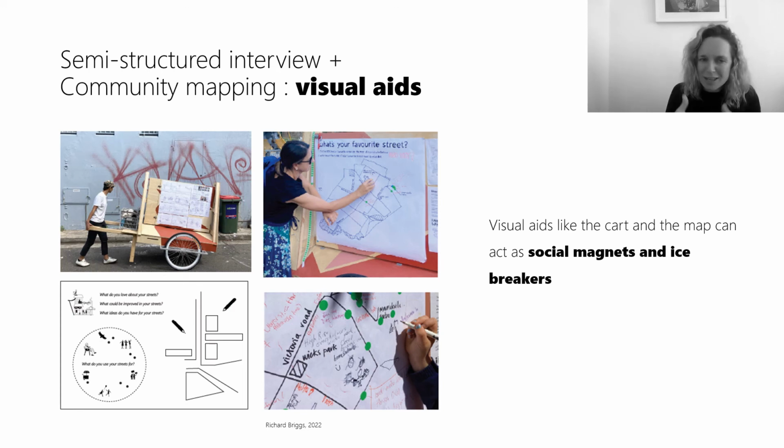And so if we think about these as tools to make people feel comfortable, to build trust, and to break the ice, then that can be a really helpful mechanism for facilitating these sorts of processes.